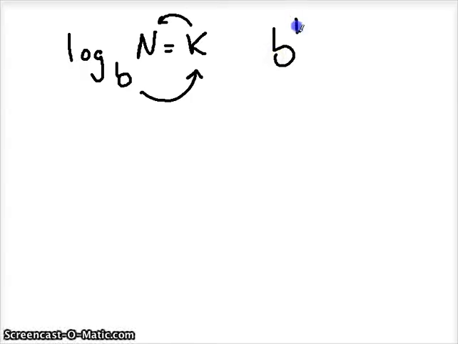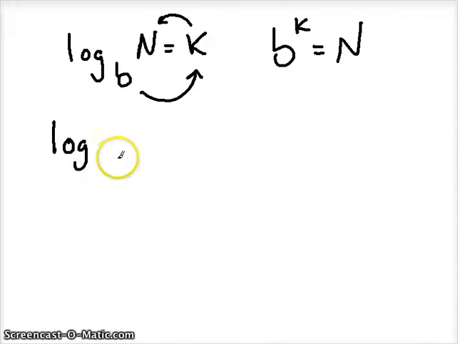Base b to the k power equals n. So this is what we've been working on in this last video, talking about evaluating logs. This is really the basic property. And we're going to take it a step further in this one.